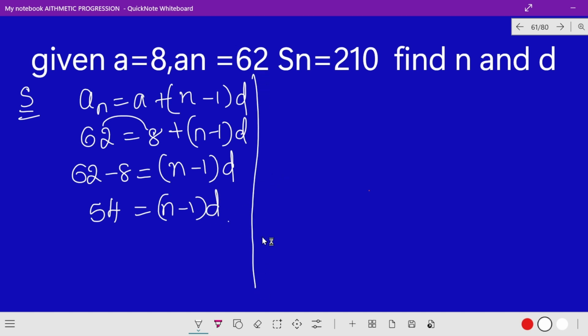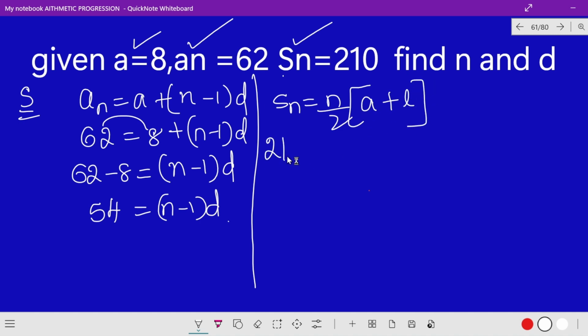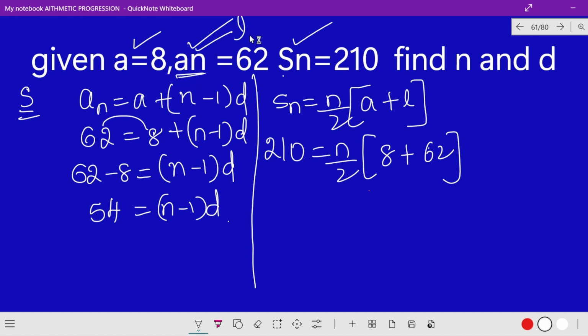Next, we have got the last term, Sn, a and n. So Sn is equal to n by 2 into a plus L. So Sn is 210 is equal to n by 2 into 8 plus the last term 62. an is also called the last term.